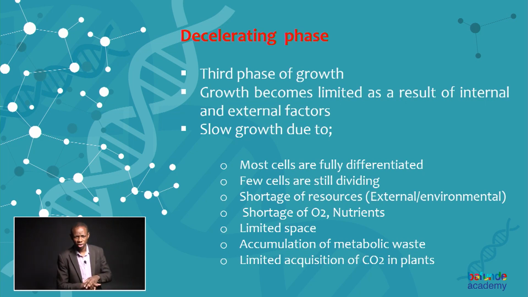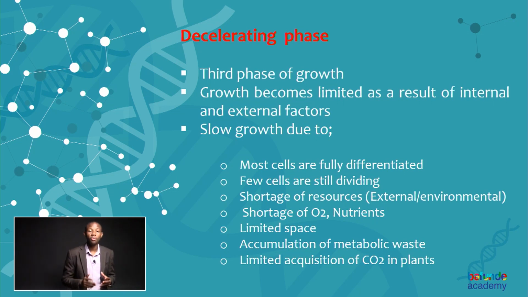So we may have shortage of oxygen, we may have shortage of nutrients, we may have limited space. Let's say in your family, if your parents just decide to give birth, do, re, mi, fa, sol, la, ti, do, and then they fill the space, where will you have the space to grow? You need a space that you occupy, and then you are able to grow.